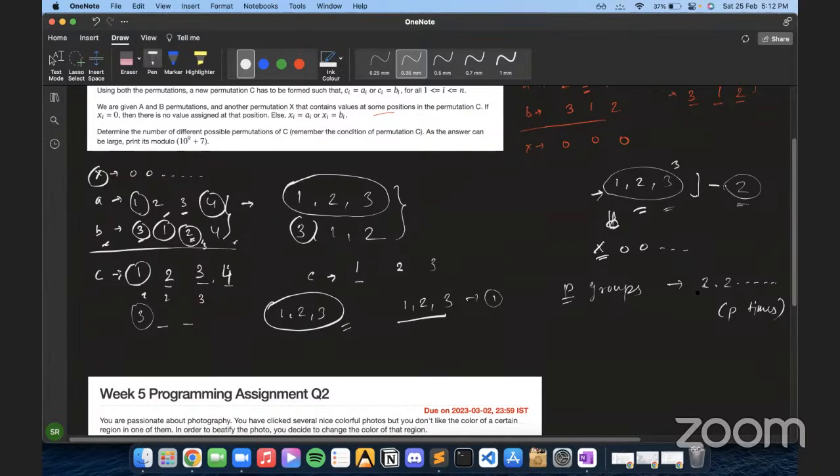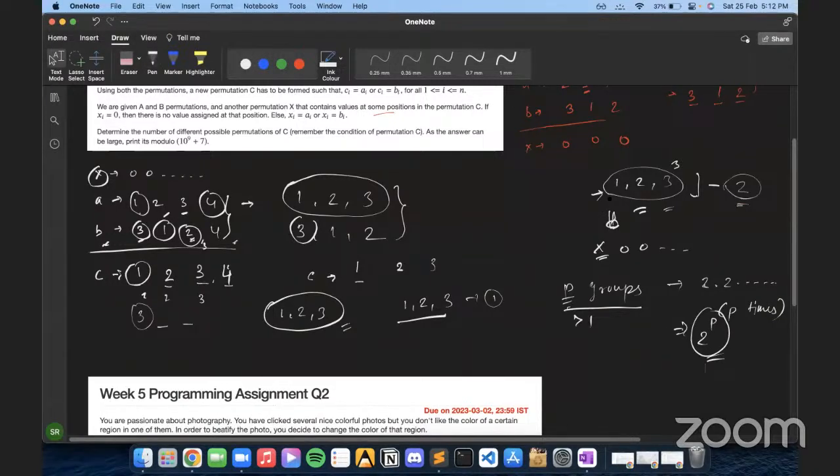So 2 times, P times, that is 2 power P. I hope this is clear, because we have just applied a simple concept. We have just counted the number of groups of size greater than 1, and the answer is 2 power P.